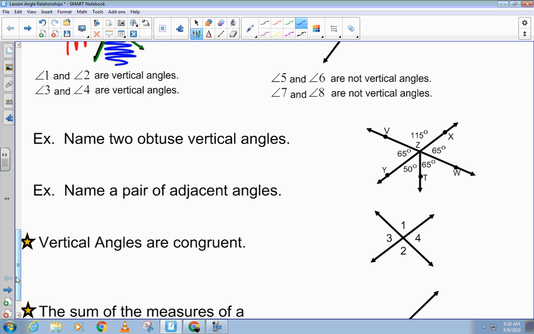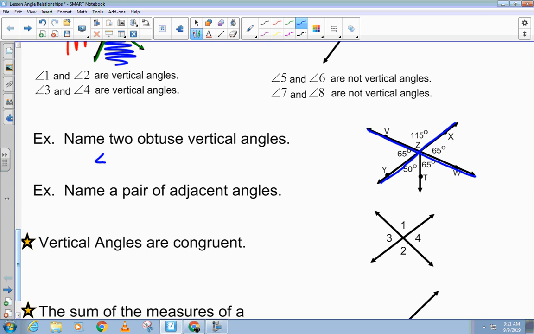Now remember, to have vertical angles, you have to have intersecting lines, okay? So if I look here, I've got a line here, and I have a line here. So my vertical angles have to be created with those two intersecting lines. So give me a pair of vertical angles that are obtuse.